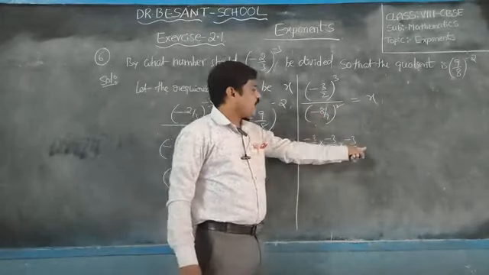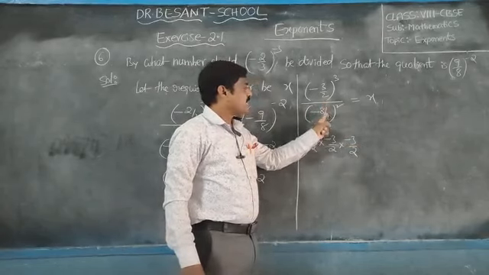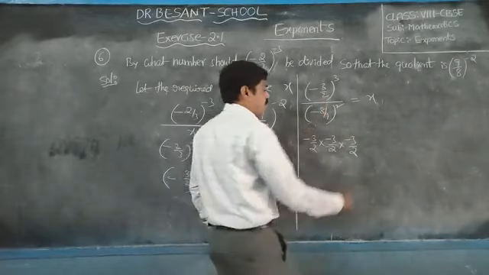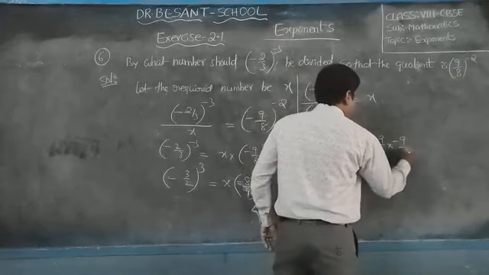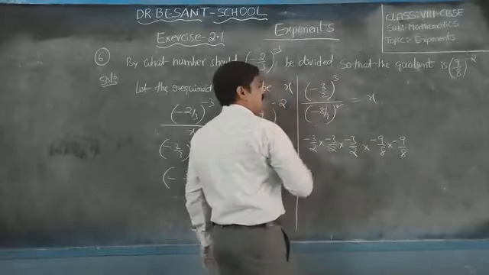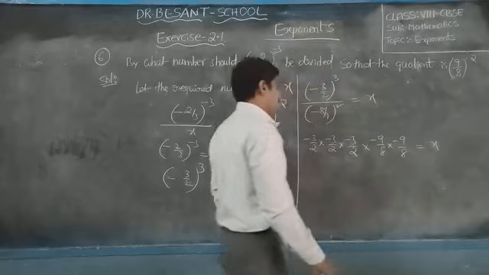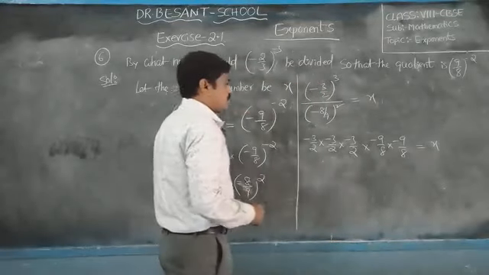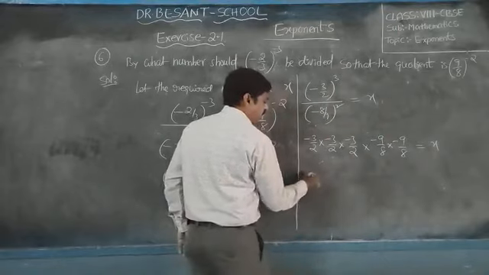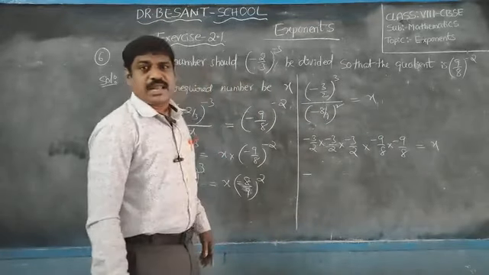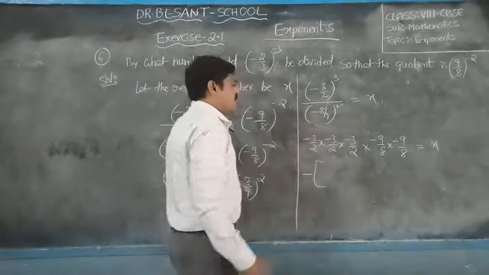If we write it in the numerator, we have to write minus 9 by 8, minus 9 by 8. Okay, that is equal to x. Next, 1, 2, 3, 4, 5 times multiplication, the result is negative. Okay, 5 times.